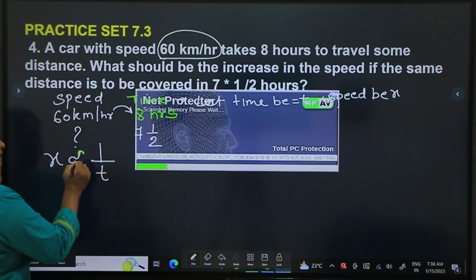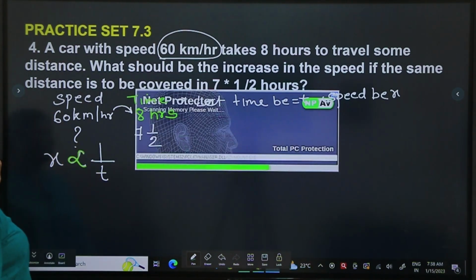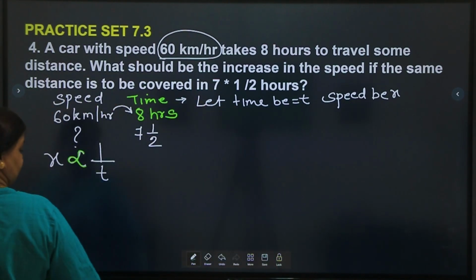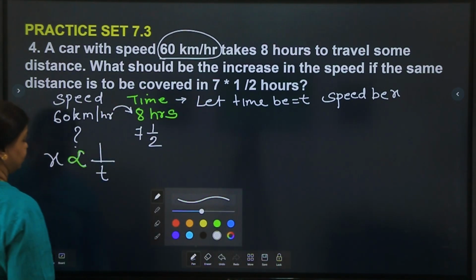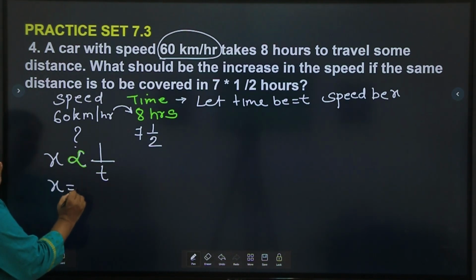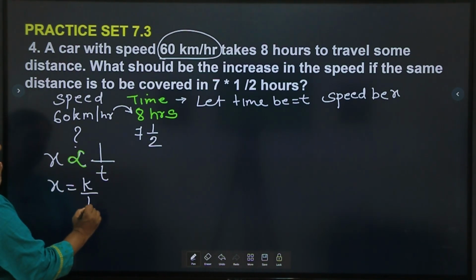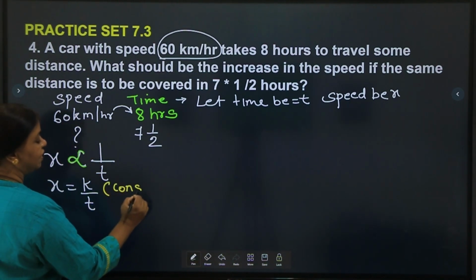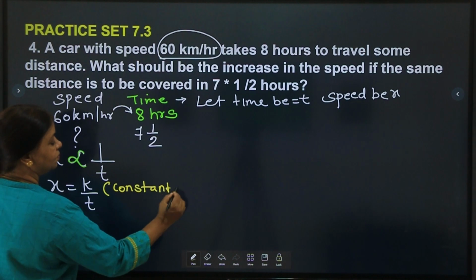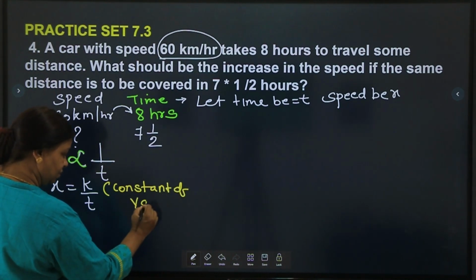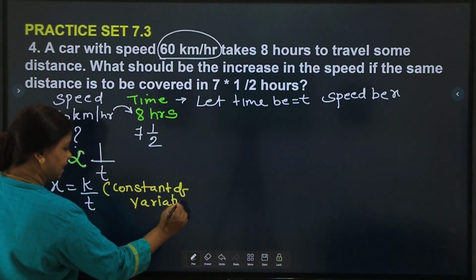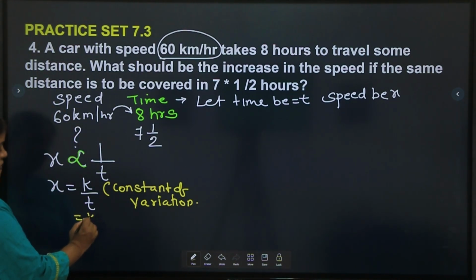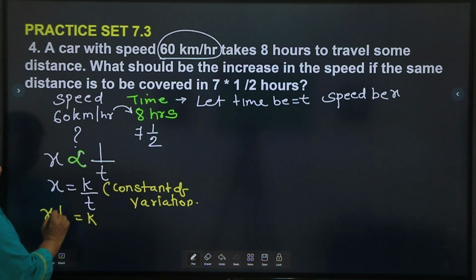Remove the inverse variation. So x is equal to k upon t, and here k is nothing but the constant of variation. Let us get the value for k. So k value will be equal to xt.